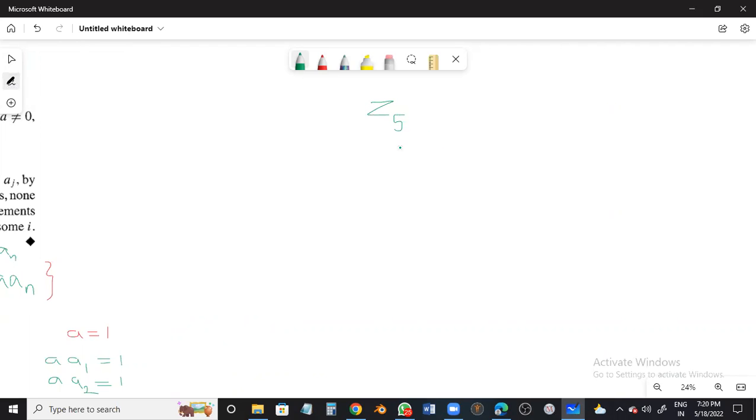You know very well 0, 1, 2, 3, and 4 are the only entries in Z5. Every non-zero entry is invertible, so all of you know this is nothing but a field. Is Z5 a field? What are the requirements for a field?